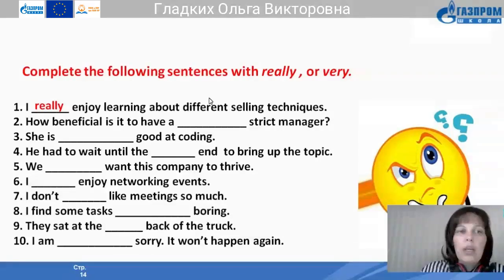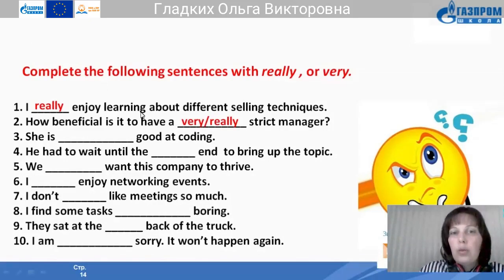Next, how beneficial is it to have a what? Ayman, you said very. Okay, let's see. A very, or you can use really, both of them. Strict manner. Next, she is good at coding. Aliyar, really? Yes, you are right.